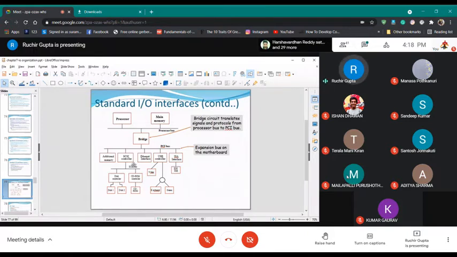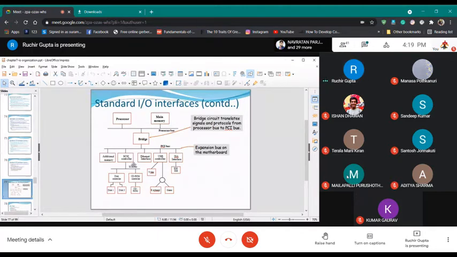It may be a SCSI controller, a USB controller, an Ethernet controller, an ISA controller, and all that. So this is basically an expansion bus. That's the point that I actually want to make here. It is a low-cost bus that is processor independent. So the problem that we started with is actually not there.